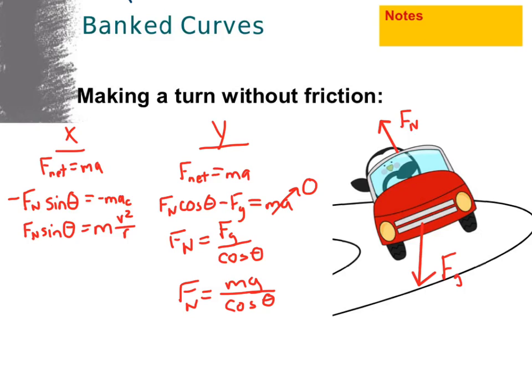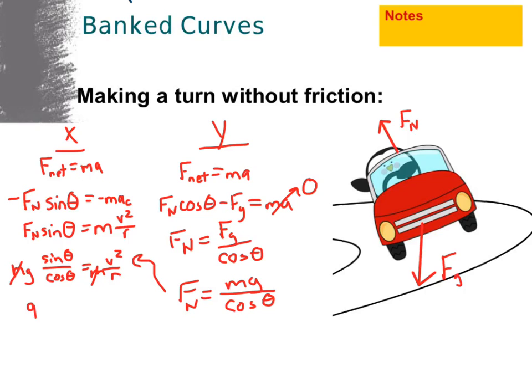Okay. All right, and then we can plug that into here over on the left. So now I have mg times sine theta over cosine theta equals m times v squared over r. And first thing I notice is I have an m term on both sides, so if I were to divide both sides by m, they would divide out.